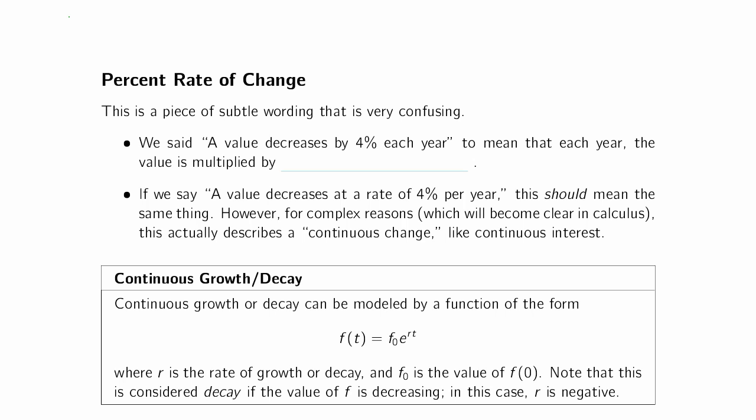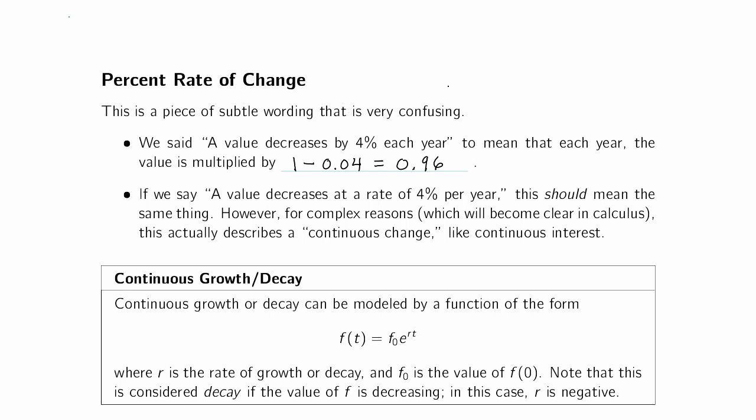We said a value decreases by 4% each year to mean that each year the value is multiplied by, well, 100% minus 4%, or 1 minus 0.04, is 0.96. So the value decreases by 4% each year means the value is multiplied by 0.96 every year.